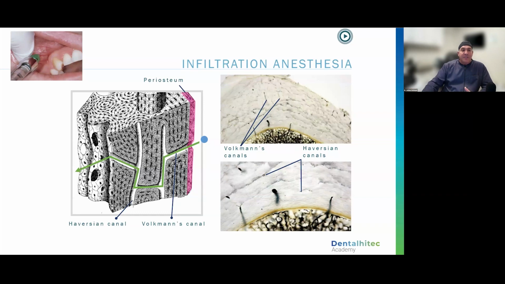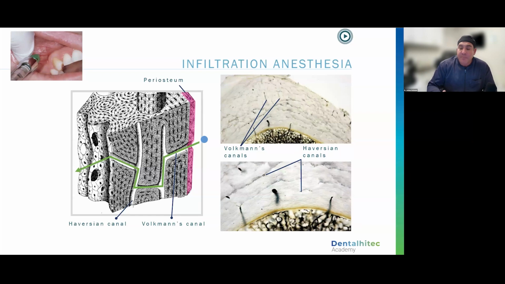So when we gave our standard infiltration, what we were waiting for is for that local anesthetic to perfuse through the bone. So no matter what, you were always giving an intraosseous injection. It was just that you were injecting that local anesthetic superior to the cortical plate, and you were waiting for it to pass through the cortical bone, down to the apex of the tooth.